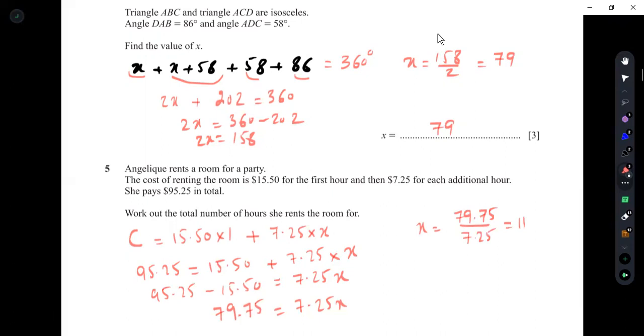So we are asked for the total number of hours she rents the room. x represents the number of hours she paid 7.25.